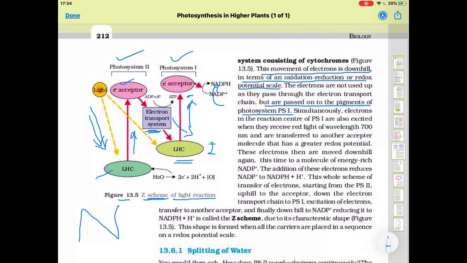So the whole scheme of electron transfer starts from PS2 uphill to the acceptor molecule, then down the electron transport chain to PS1, then the electron is excited again and transferred to another acceptor, and finally downhill to NADP, reducing it to NADPH. This shape is formed when all the carriers are placed in sequence on a redox potential scale.